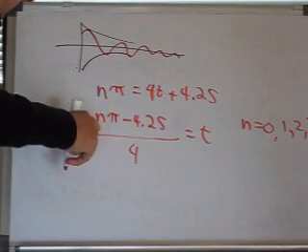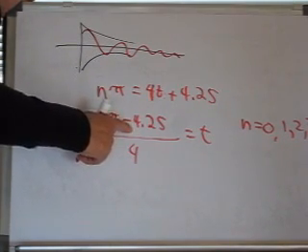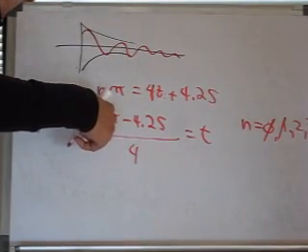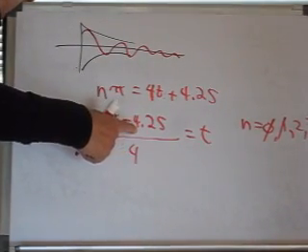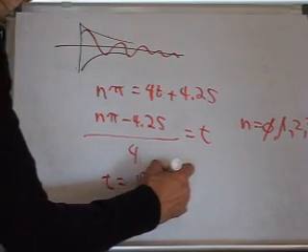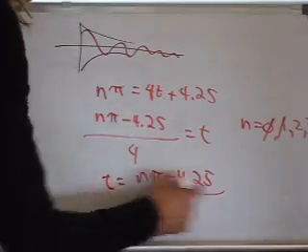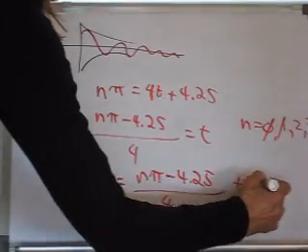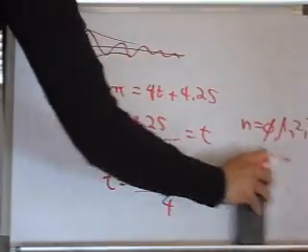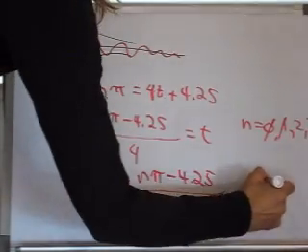If n is 1, I get pi minus 4.25, which is negative. If n equals 2, I get 2 times pi, which is 6 point something, which is going to be positive. So the times are n pi minus 4.25 over 4, where n equals 2, 3, and so on, bigger whole numbers.